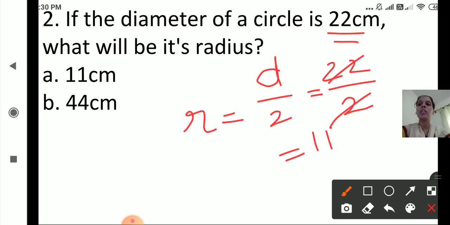Option A, 11 centimeter, is correct, because radius is half of the diameter. Hope you are clear with this.